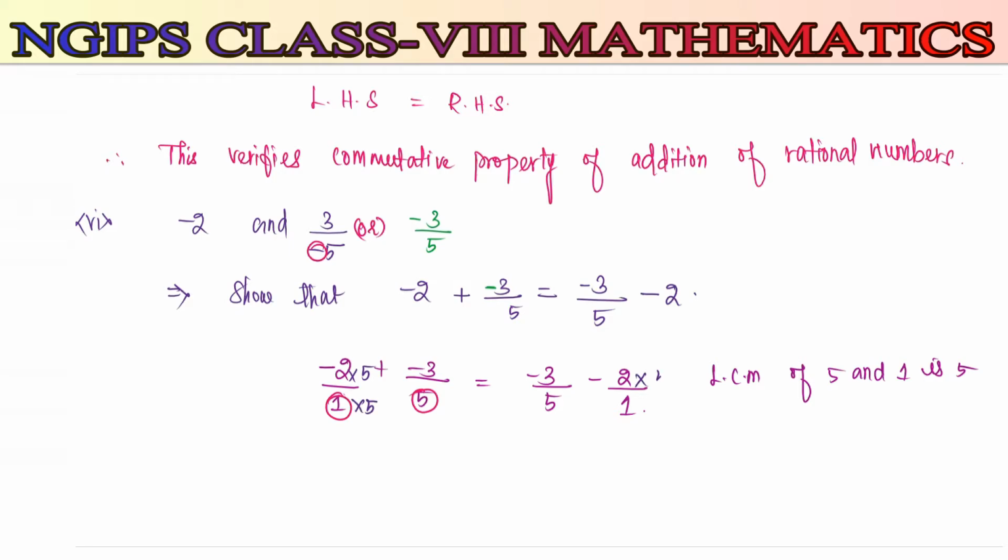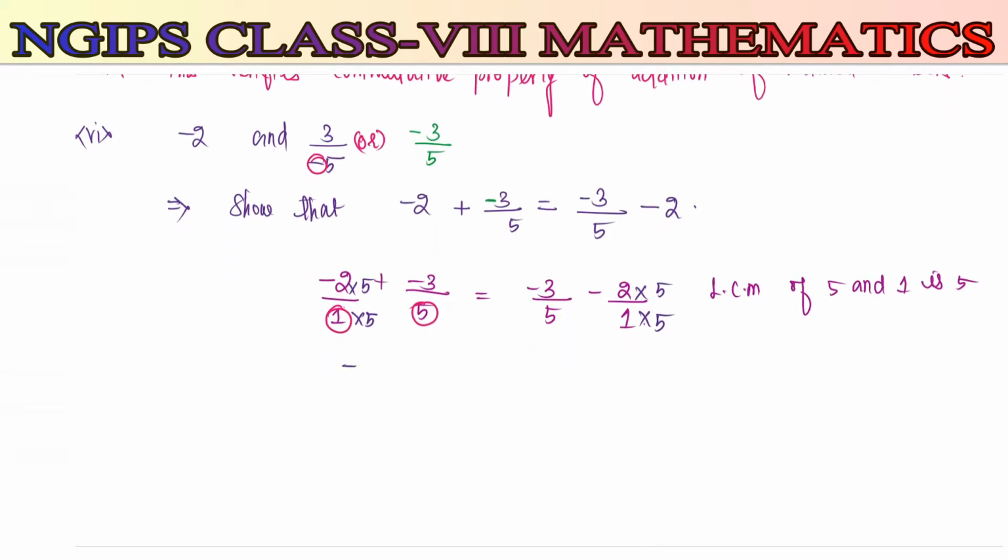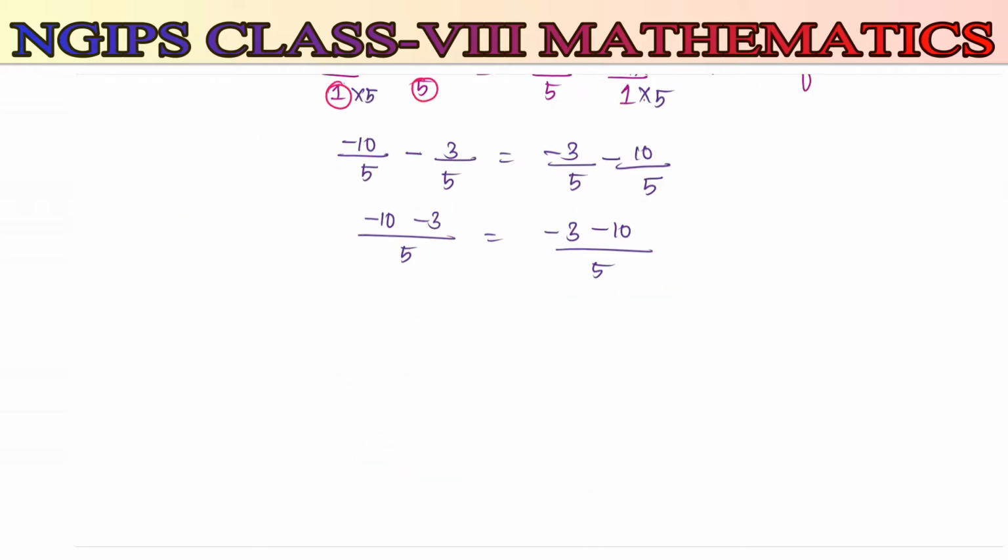Further, if you simplify these terms, minus 2 into 5 is minus 10 divided by 1 into 5 is 5, plus minus 3 divided by 5, is equal to minus 3 by 5 plus minus 5 2s are 10 divided by 1 5 is 5. The denominator is the same, just we need to simplify the numerators. Minus 10 minus 3 is equal to minus 3 minus 10 divided by 5. If you simplify further, you will get minus 13 divided by 5 is equal to minus 13 divided by 5.